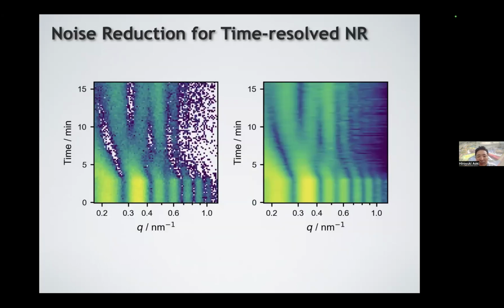Yeah, so this CNN is also applied to time-resolved experiments. This is not the true experimental data. This is simulated data for a time-changing layer structure.